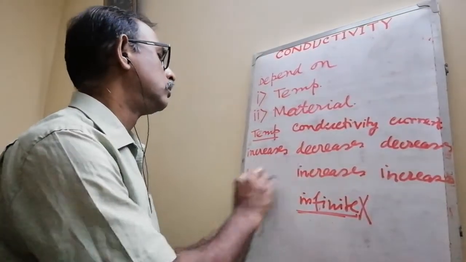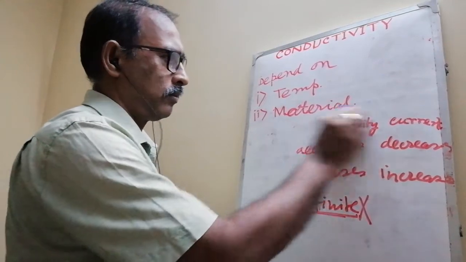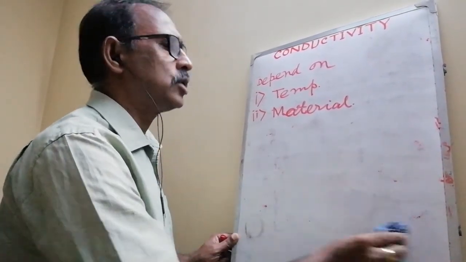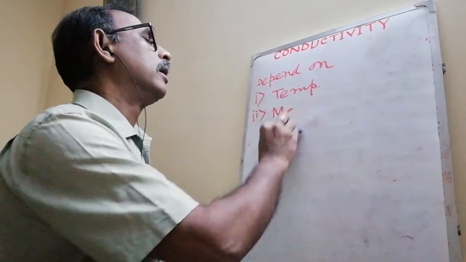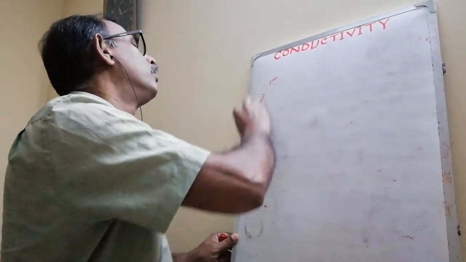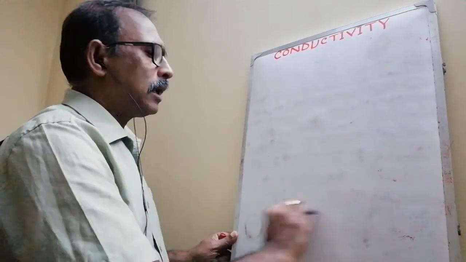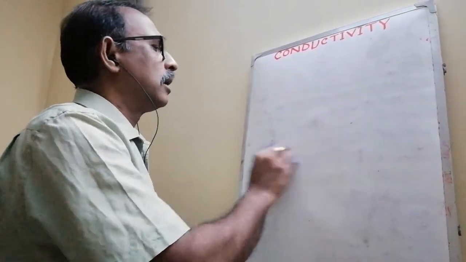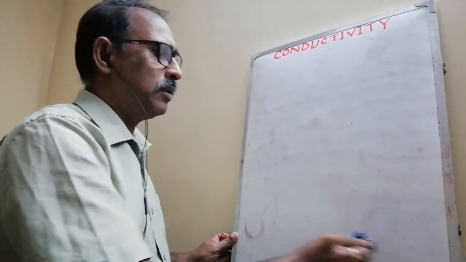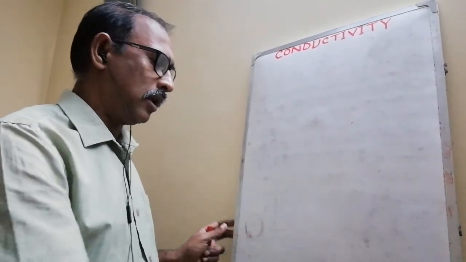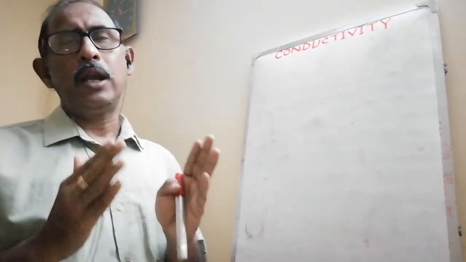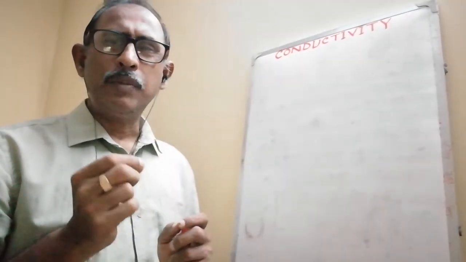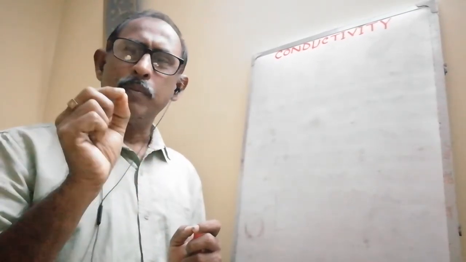Now, for alloys like constantan and nichrome, if the temperature increases, their resistivity and conductivity generally remain unchanged, or if they change, they change very slightly.